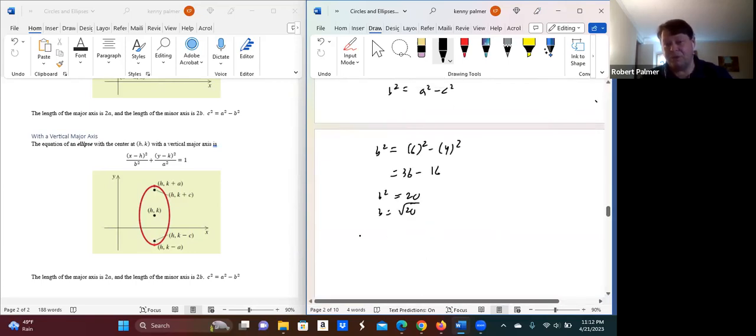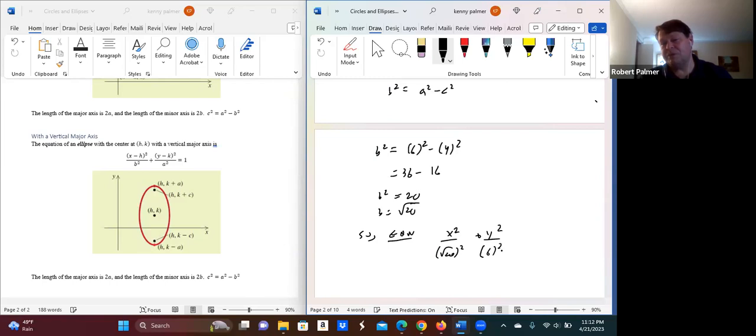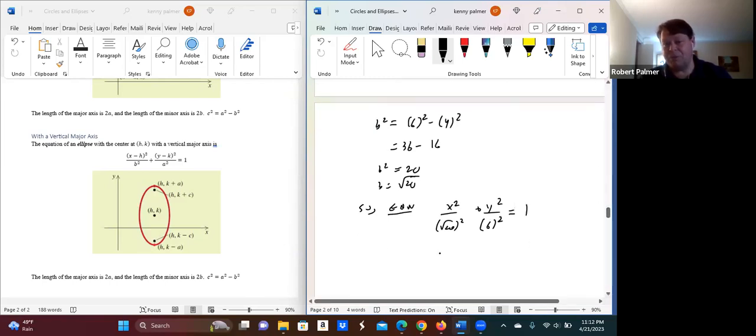So our equation is going to be x squared over B squared, which is 20, plus y squared over 6 squared, equal to 1. Multiplying everything through, we have x squared over 20 plus y squared over 36 is equal to 1.